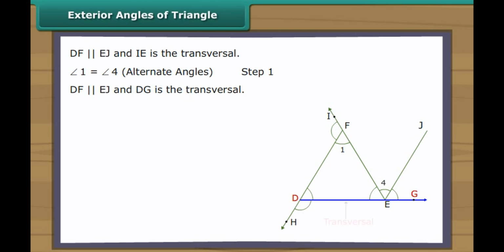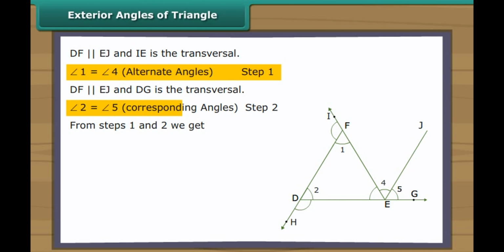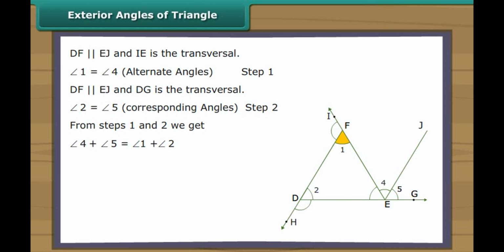If we regard DG as a transversal intersecting the parallel lines DF and EJ, angle 2 is equal to angle 5, corresponding angles. From the two steps we get angle 1 plus angle 2 is equal to angle 4 plus angle 5. It means angle FEG is equal to angle DFE plus angle FDE.